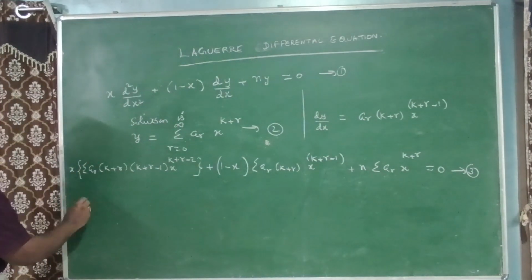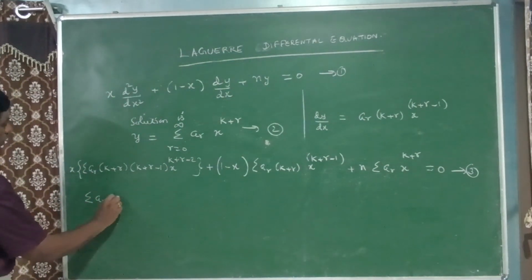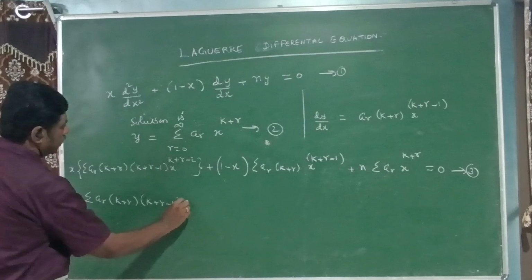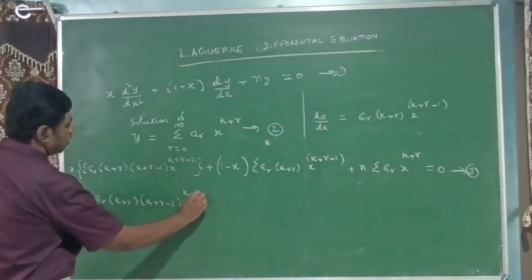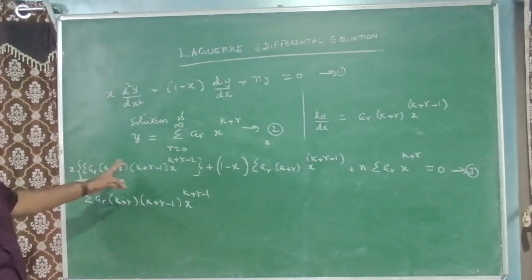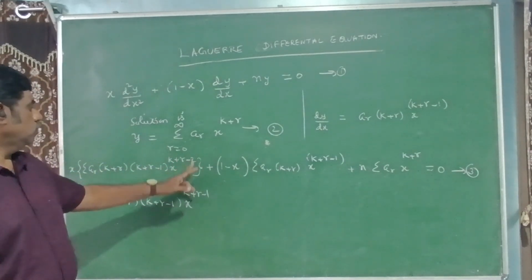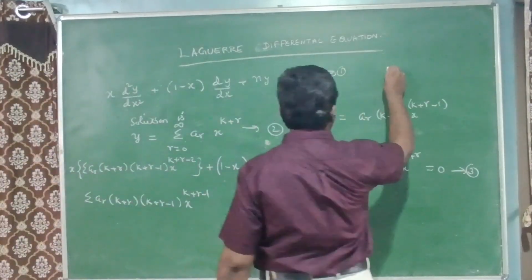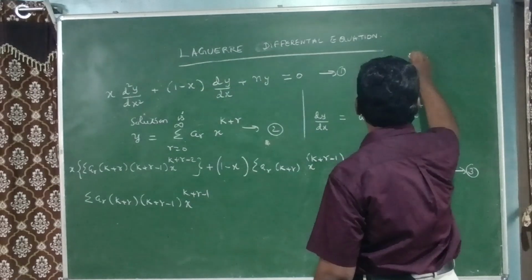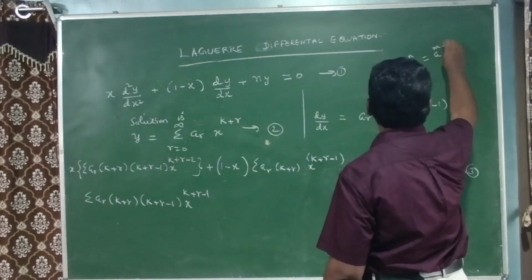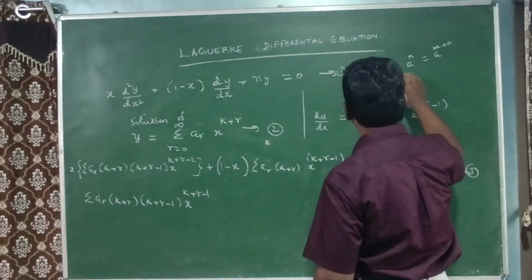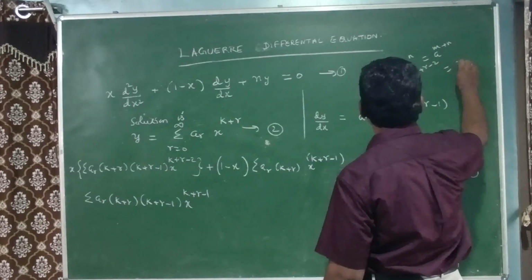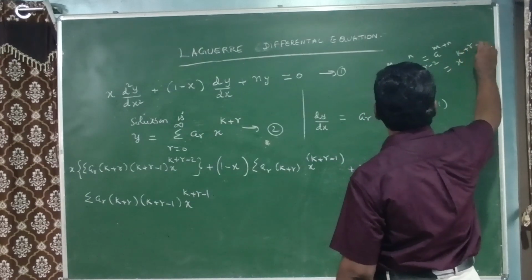Now we have to make a multiplication. This is a_r (k+r)(k+r−1) into x^(k+r−1). Actually this is x^1, here x^(k+r−2). So the result is x^(k+r−1), since a^m into a^n equals a^(m+n). x^1 into x^(k+r−2) is equal to x^(k+r−1).